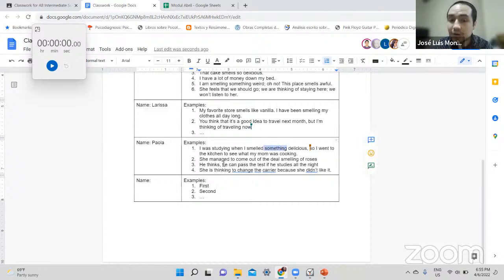Then, in the second part, she managed to come out of the deal smelling of roses. This is good, okay. But in order to understand the example, Paola, how can you tell me, using only the simple tense, ella huele a rosas?